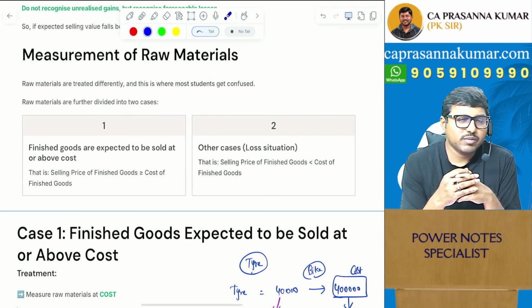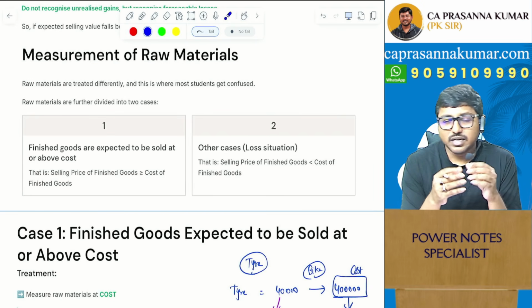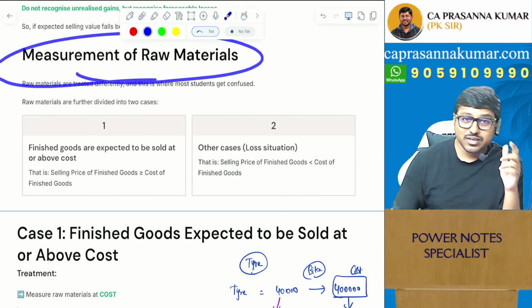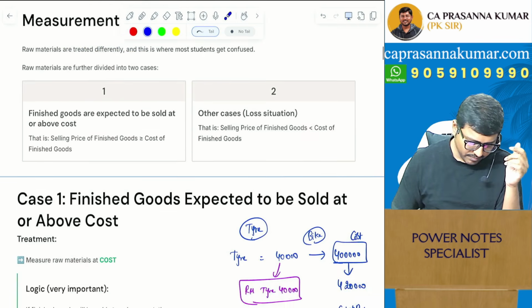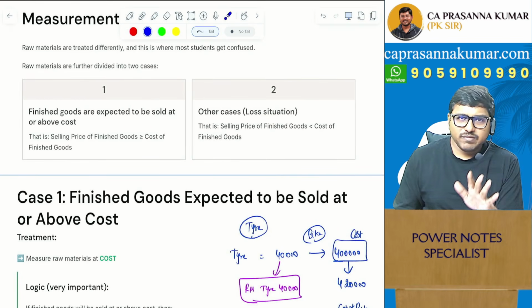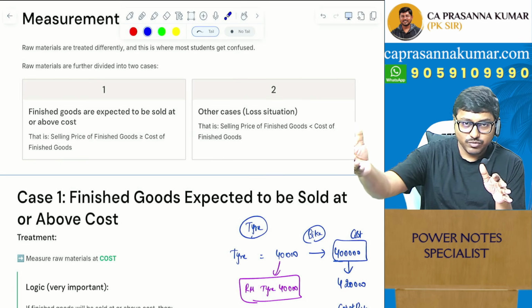When it comes to measurement of raw materials, this is a little bit tricky, because just now we have seen that raw material derives its value from finished goods. Therefore, while measuring the raw materials, you think about finished goods first. You are about to convert this raw material and manufacture it into finished goods in future.